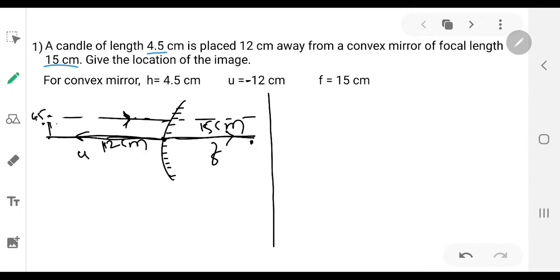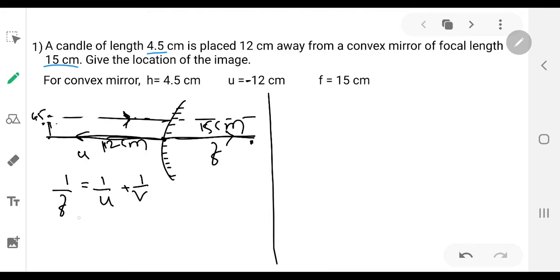Now to solve this, which quantities are given? U and F are given. V is asked to calculate. Which is the formula that contains U, V and F? The mirror equation. What is the mirror equation? 1 upon F is equal to 1 upon U plus 1 by V. What is required is the V value.